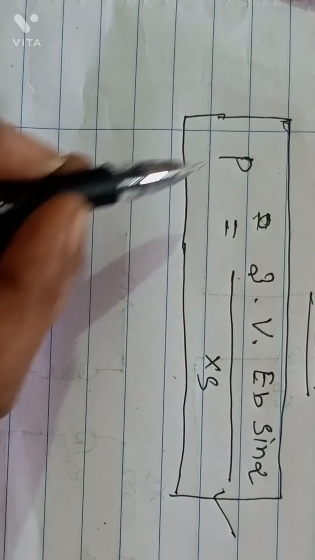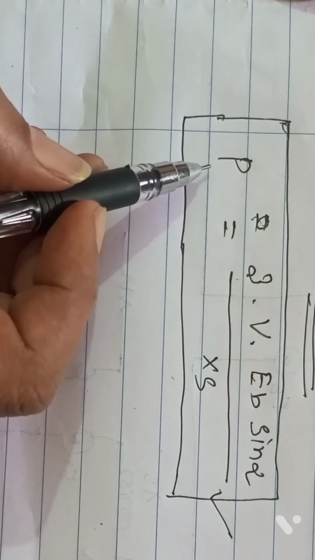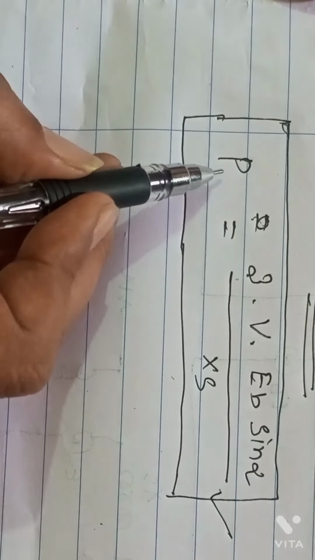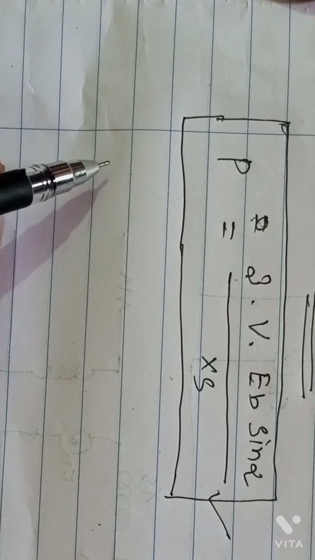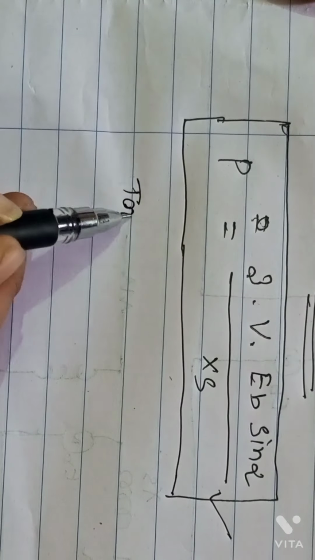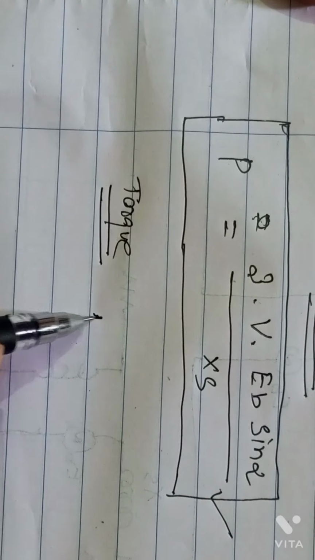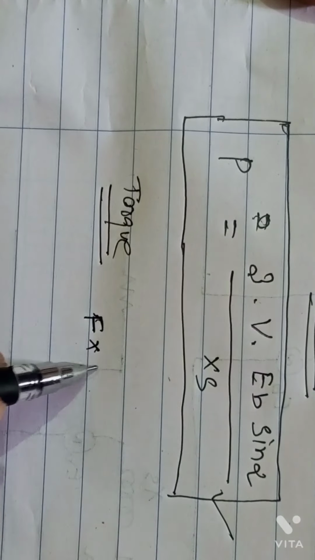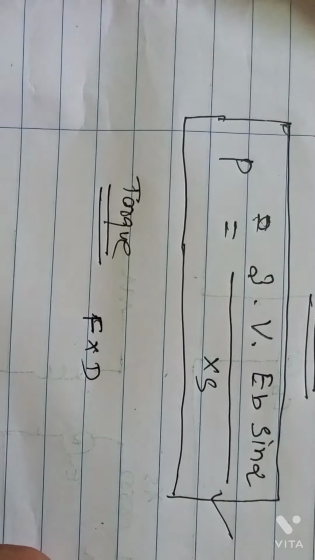Next one, actually it is called power developed, three phase power developed, right? Now next one, you know torque, right? What is torque? Torque is equal to force into distance, right? That is torque.